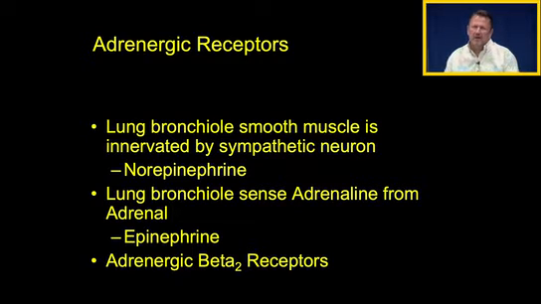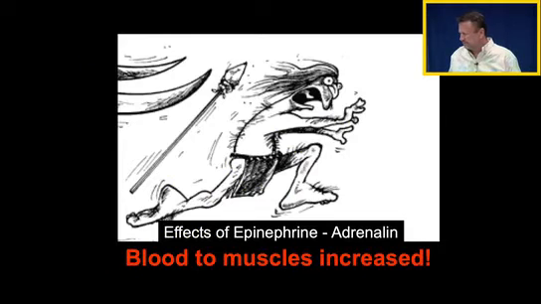And that's because the lung has bronchial smooth muscle, and a sympathetic neuron goes to it, secreting norepinephrine, and the bronchial muscle senses adrenaline from the adrenal gland as well. These are beta-2 receptors. Remember, beta-1 heart, beta-2 lungs. All right, well, what else is going on?